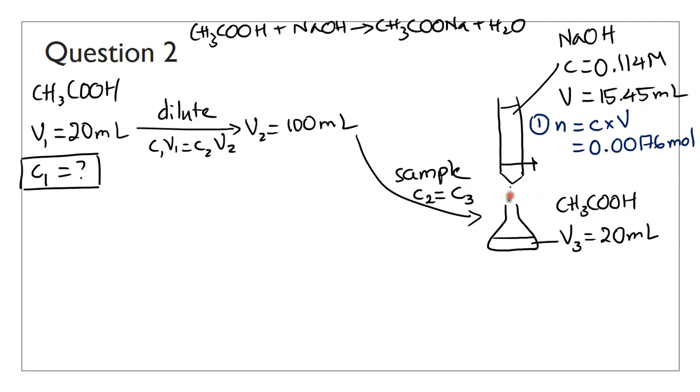So this many mole of sodium hydroxide is used in the reaction, and the reaction is between sodium hydroxide and ethanoic acid. So the sodium hydroxide actually goes down to here. From sodium hydroxide, we now need to make the jump going from the burette to the conical flask, and that's going to be step 2.